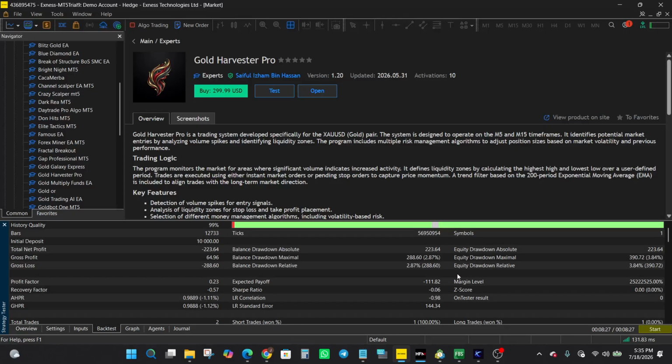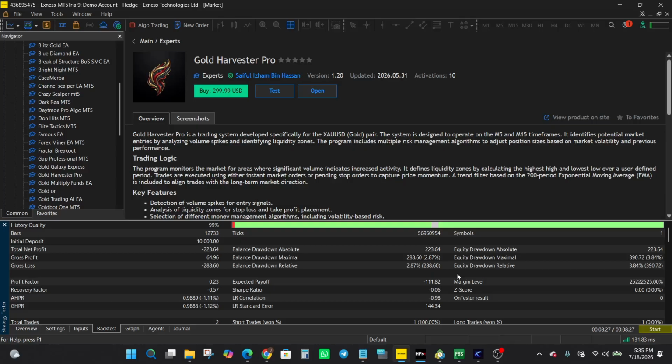But I can't confirm that from 2 trades alone. So I would strongly recommend running this over a considerably longer period, maybe a couple of years, and ideally across multiple market cycles before drawing any conclusions about how this expert advisor actually performs.